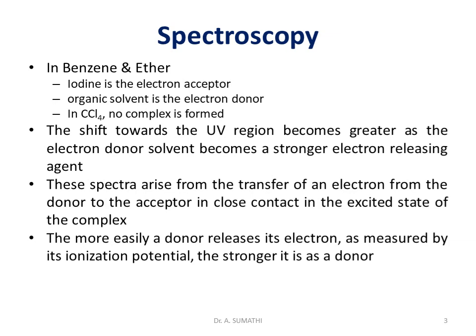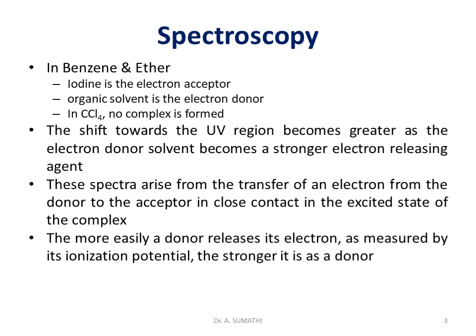These spectra arise as a result of transfer of electron from donor to acceptor, and this donor to acceptor transfer occurs when they come in close contact in the excited state of the complex. During the excited state of the complex, they come closer together and the electron is donated by the donor. Who is the donor here?